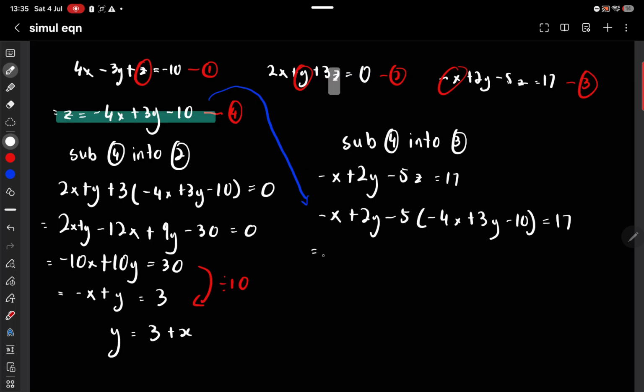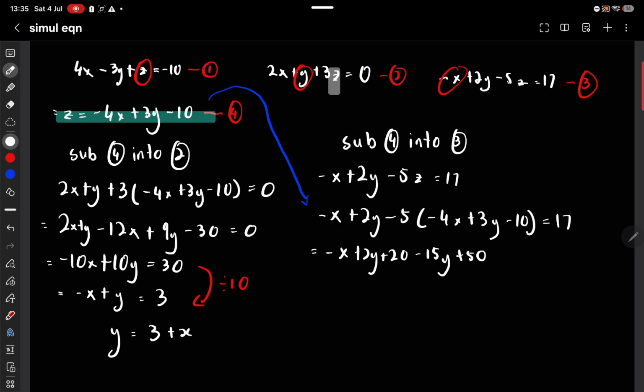So we're going to continue like this. Negative x and plus 2y will remain. Negative 5 times negative 4x will be 20x. Then negative 5 times 3y will be negative 15y. Negative 5 times negative 10 would be 50.